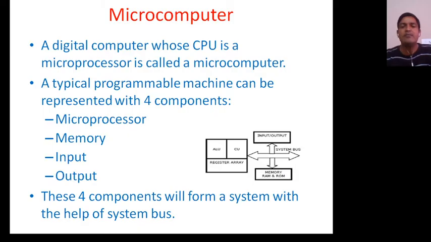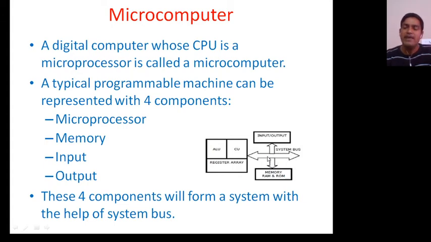Means, what are the components of a microcomputer? Replace the CPU by a microprocessor. This is your microprocessor, this is the input output device, this is memory, and this is your system bus. Okay, the bus is used to connect the microprocessor with memory and input output devices. This is called the system bus.